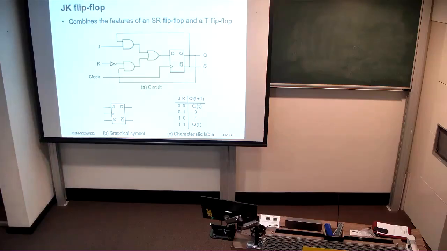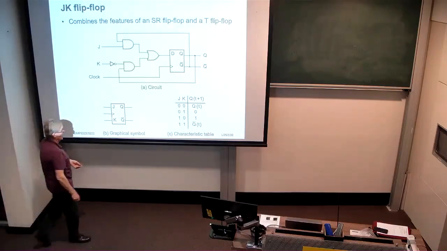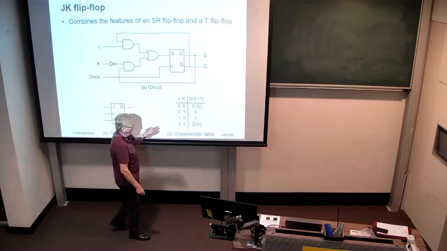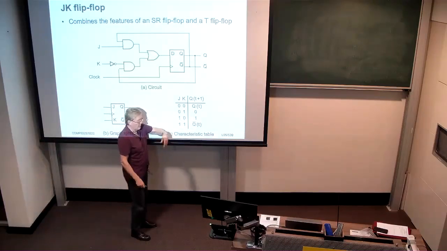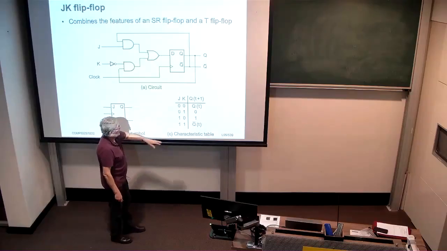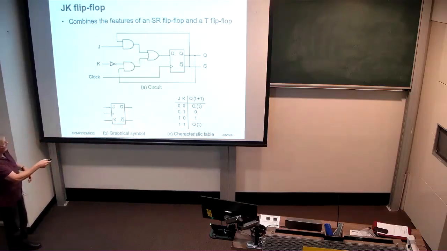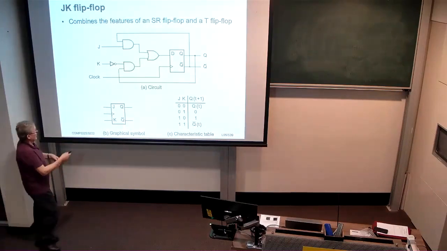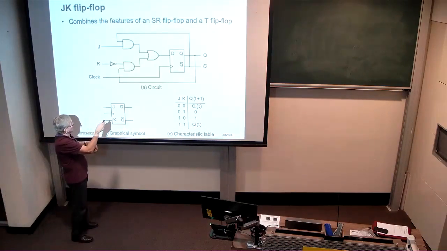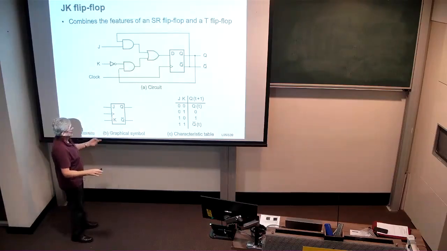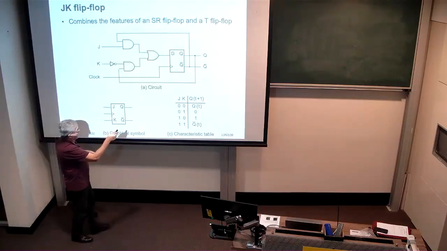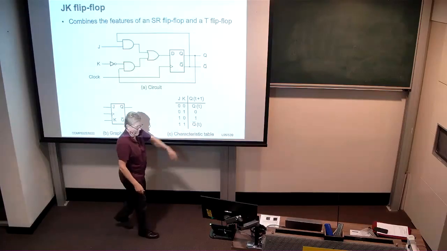And therefore, we'll have a 1 being forced onto the output of this flip-flop. Same as S being asserted in the SR flip-flop. When both J and K are 1, the top AND gate is going to ensure that Q bar is provided to D, but given that K is high, this lower AND gate is deasserted, so we've got Q bar coming into D, and so the next state is going to be Q bar.